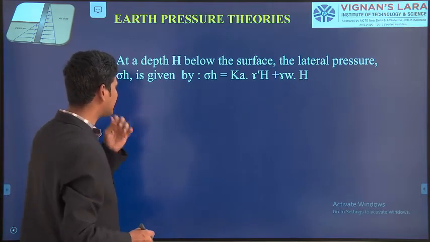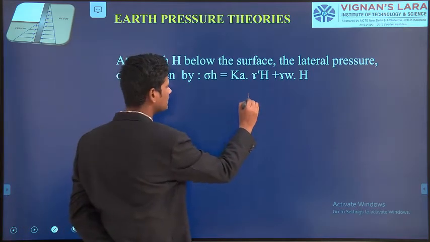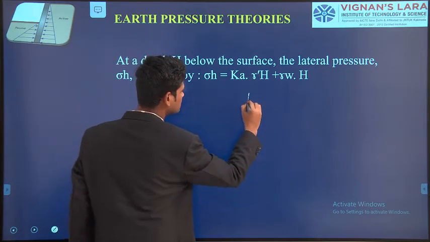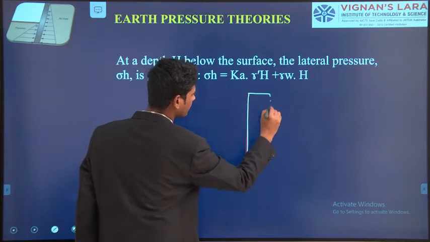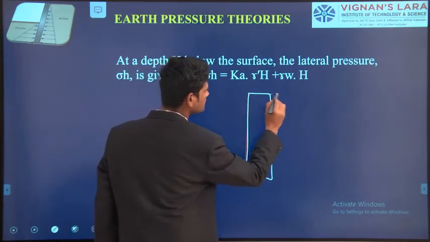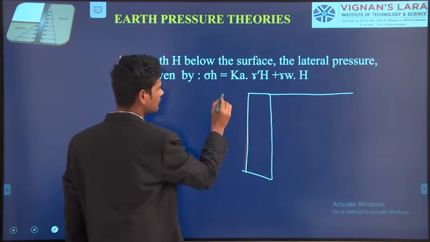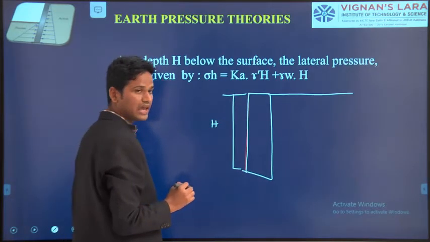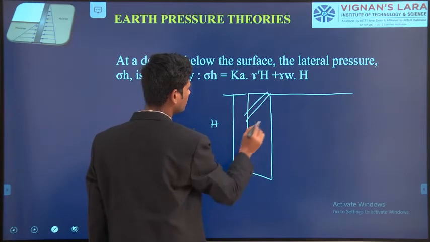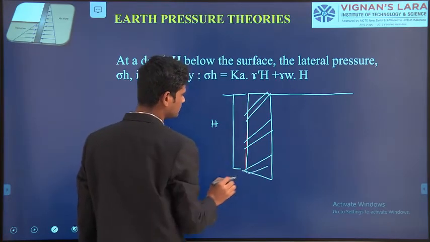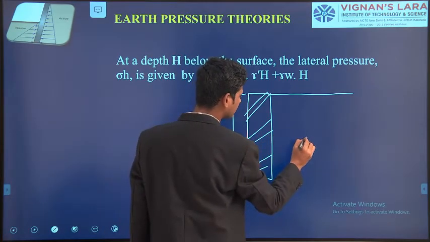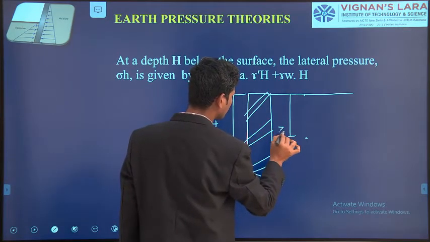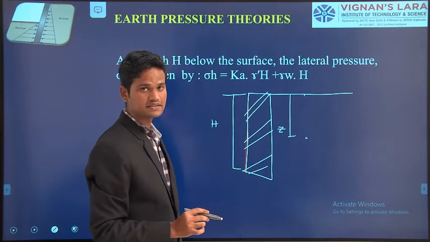For this, first I will explain. If you see here, this is your regular retaining wall, and this is the horizontal ground level. Suppose here I am taking the total height of the wall as h. And if you see here at a particular soil element, at this particular element, I want to calculate the vertical pressure as well as the horizontal pressure.